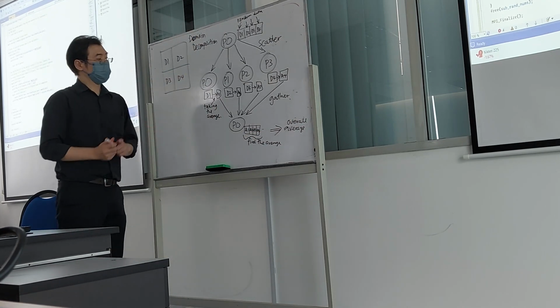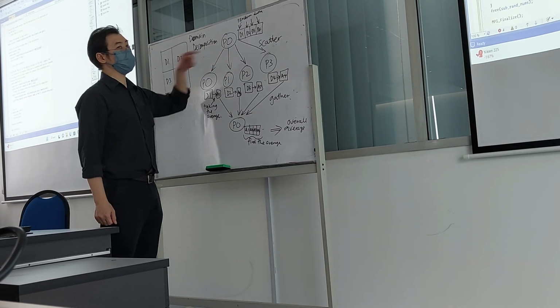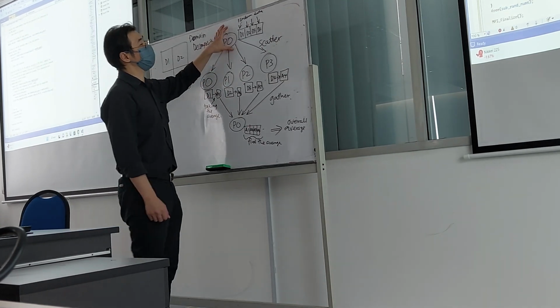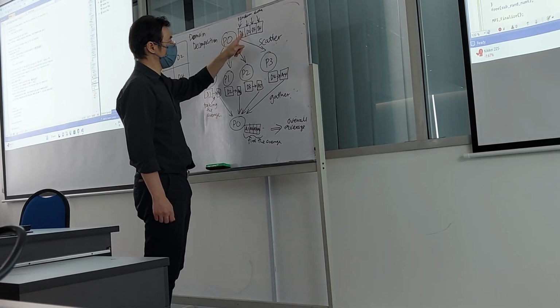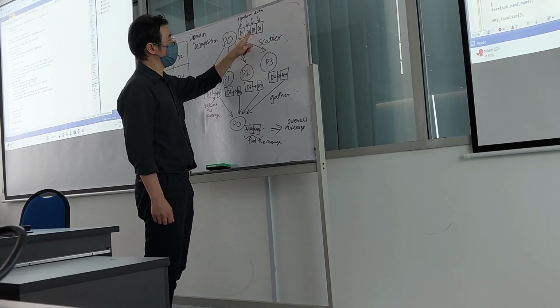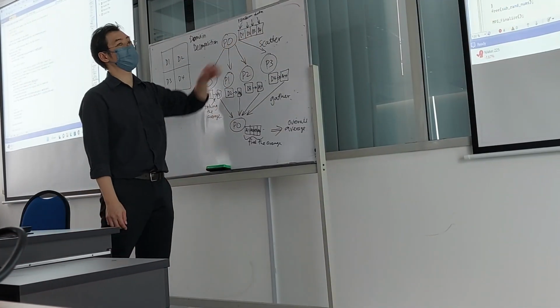Okay, so you can do averaging using one thread also. If you use one thread, then this thread is going to average out these numbers from D1 to D4, and has to take a longer time to do it, right? Because it has to do it slowly.